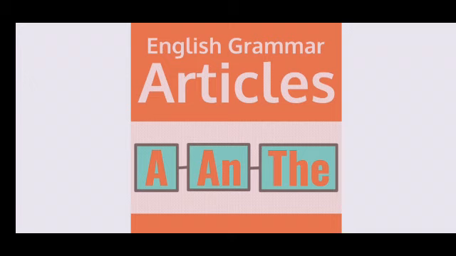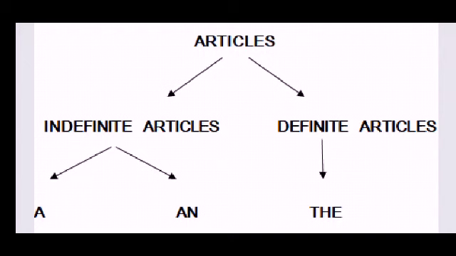In English, we have three articles. They are a, an, and the. Say again: a, an, the. These three articles are divided into two types.